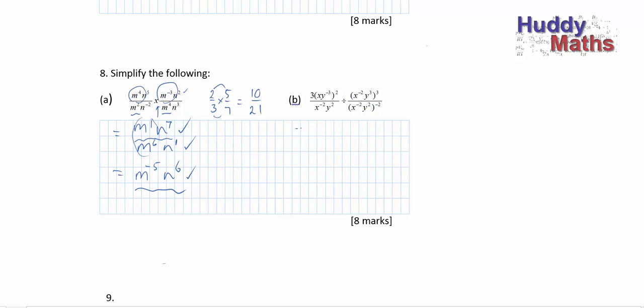Okay, let's look at this more complicated looking one. Look at the division. So we've got to say we're dividing by that fraction, all written as powers. It's still a fraction though. So we will multiply by the reciprocal, or the fraction turned upside down, if you like. So I'm going to turn it upside down and multiply by it.